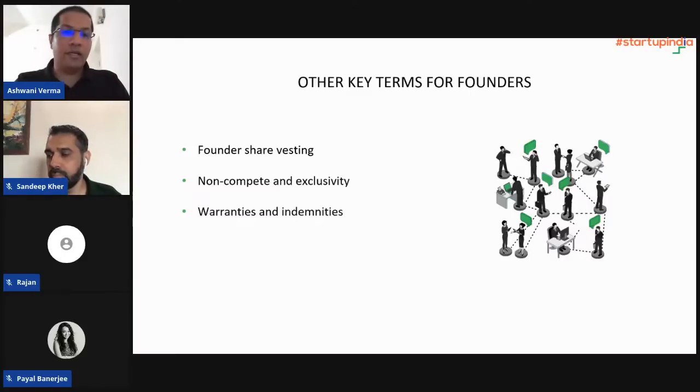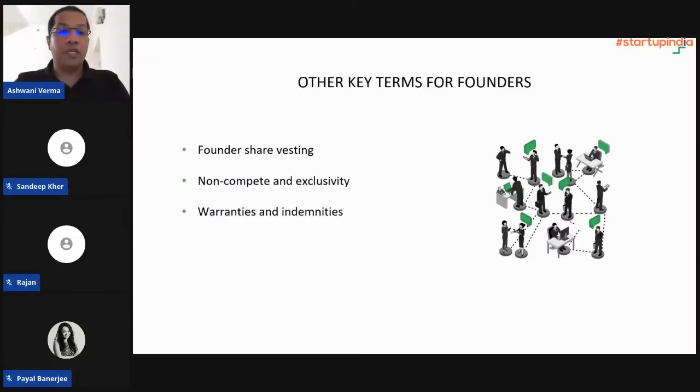Then there are non-compete restrictions as well, as founders are not expected to invest in competing businesses or be associated with any competing business, whether as an advisor or as a shareholder, while they are shareholders in the investee company. This is to ensure that the interest of the investee company is protected.